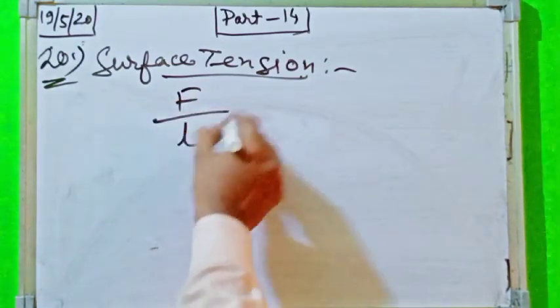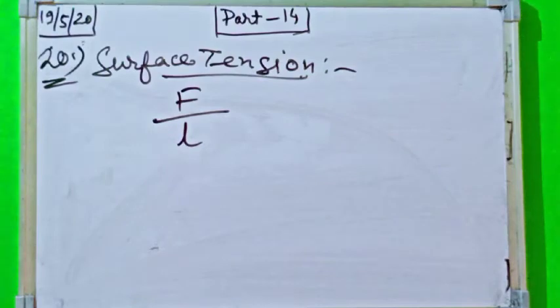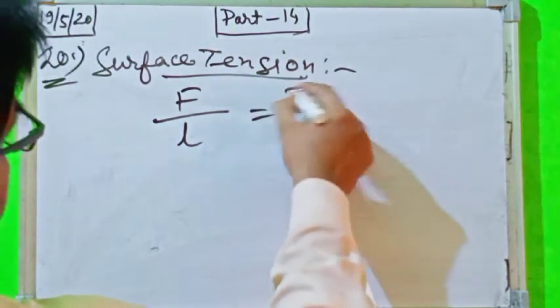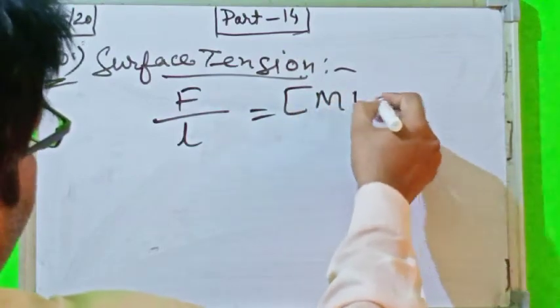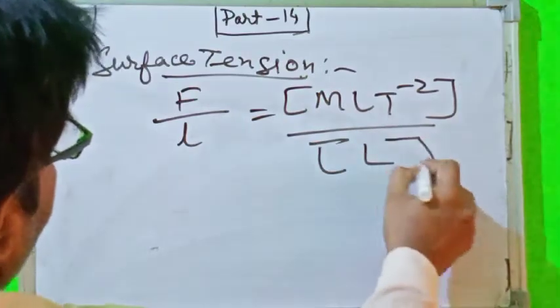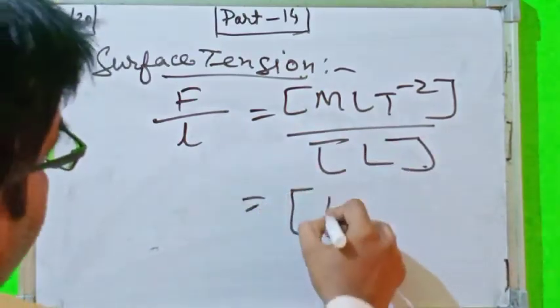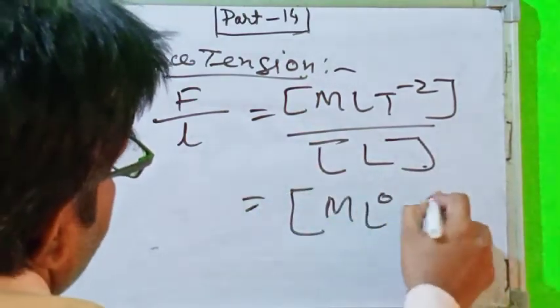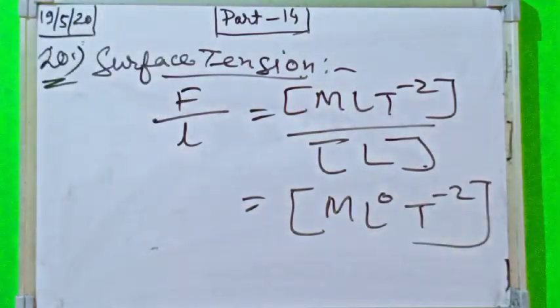You will study this in the elasticity chapter and in fluid mechanics. So M L T^-2 upon length L will give you M L0 T^-2.